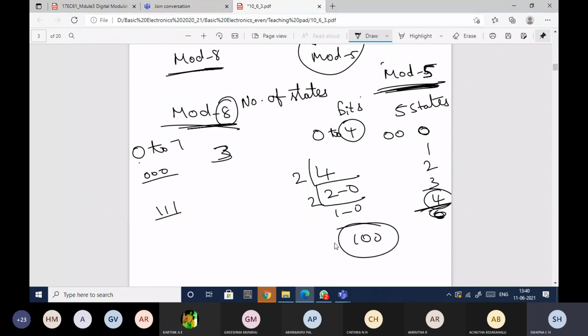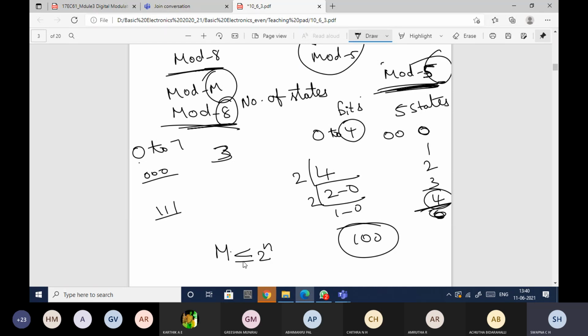How will you decide on the number of flip-flops required? This is one more procedure: if this is a mod m counter, the m value can be less than or equal to 2 power n states.